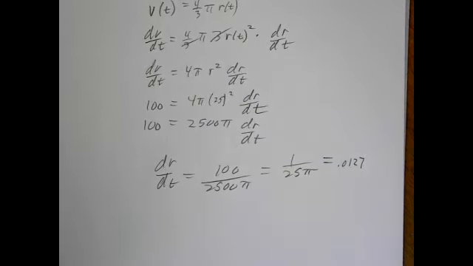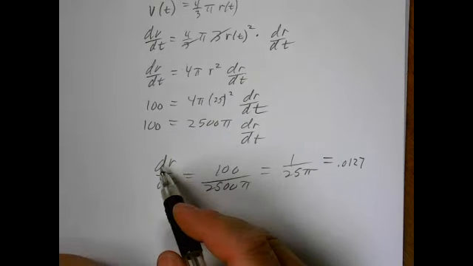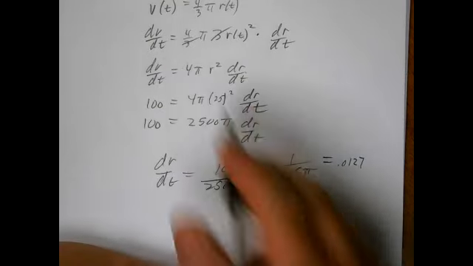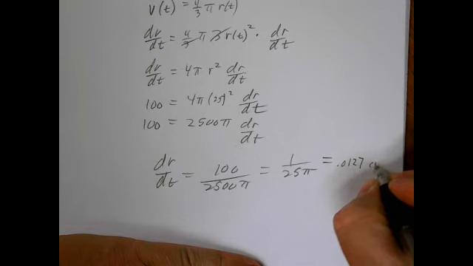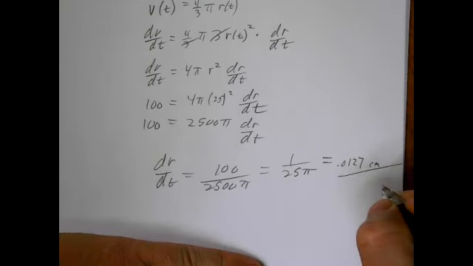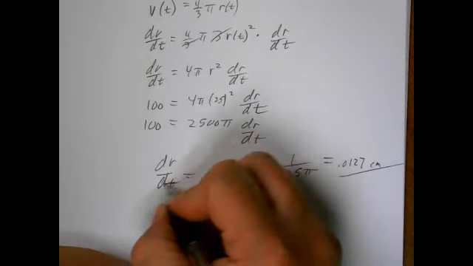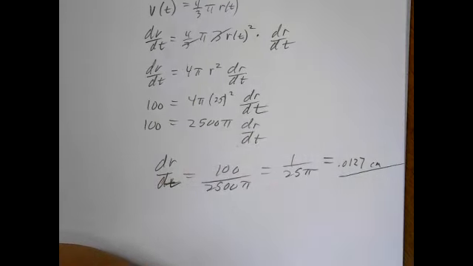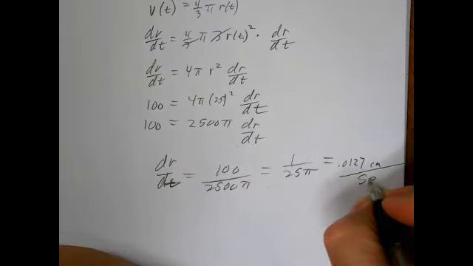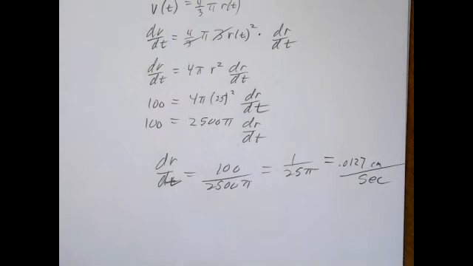And what would your units be? Well, since it's a dr and radius was measured in centimeters, it would be centimeters per, and the t here, time was being measured in seconds, so it'd be centimeters per second.